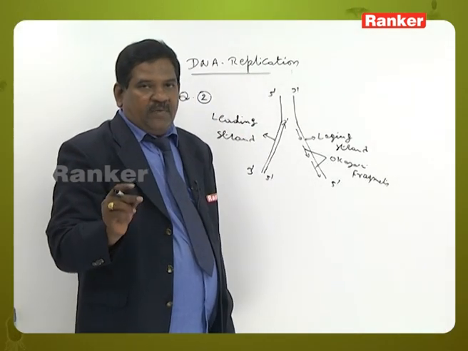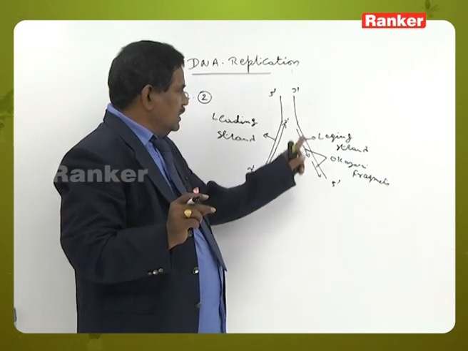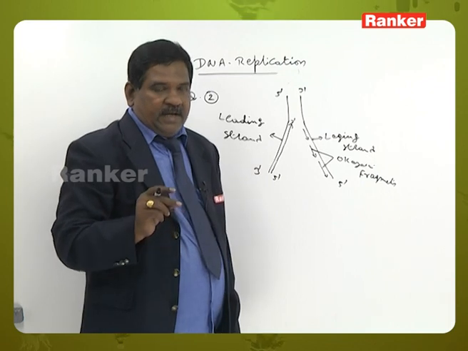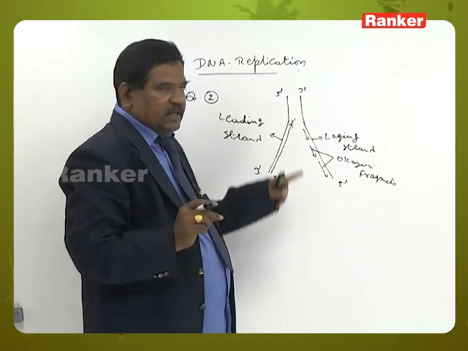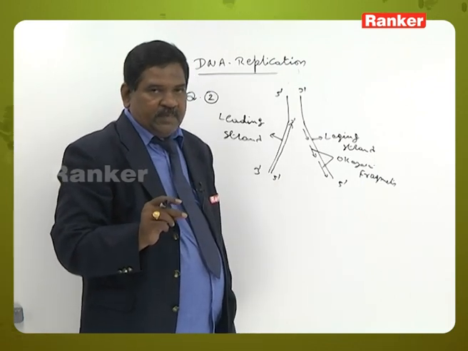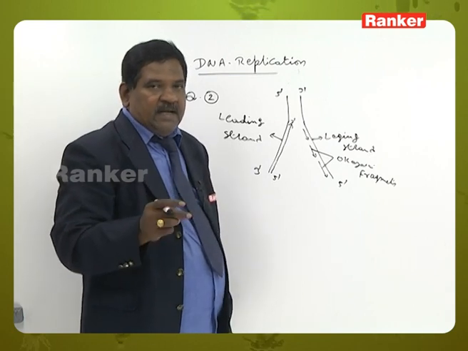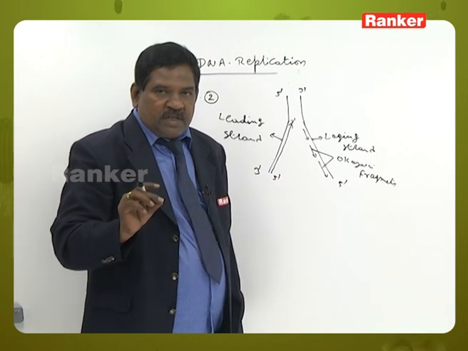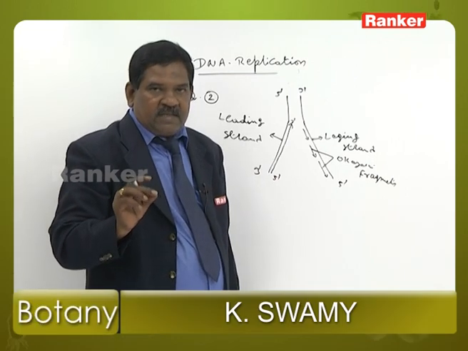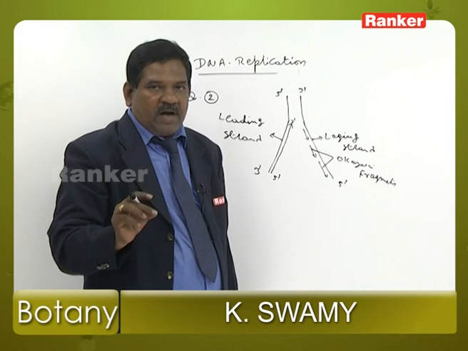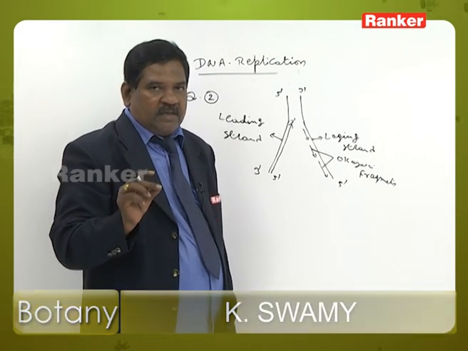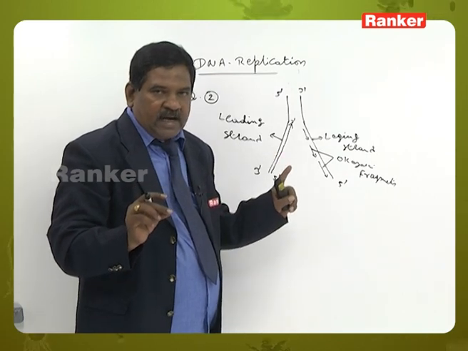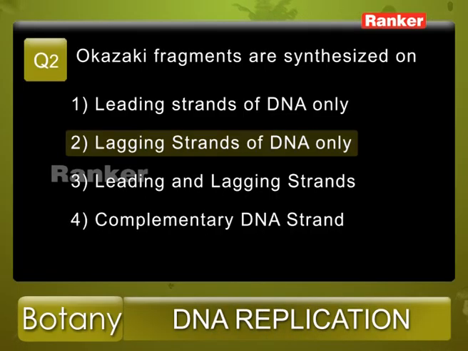So Okazaki fragments are formed on the lagging strand, not on the leading strand. On the lagging strand, the new DNA strand is synthesized discontinuously. So the answer is 2.